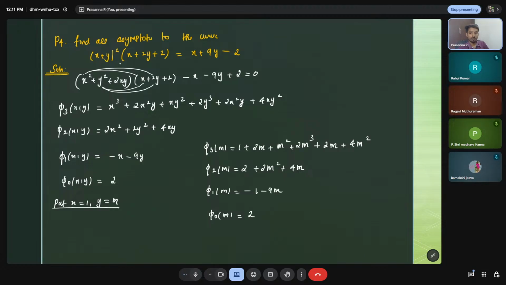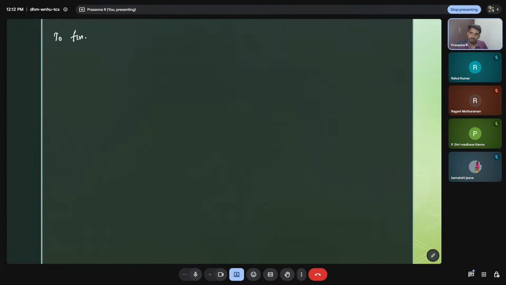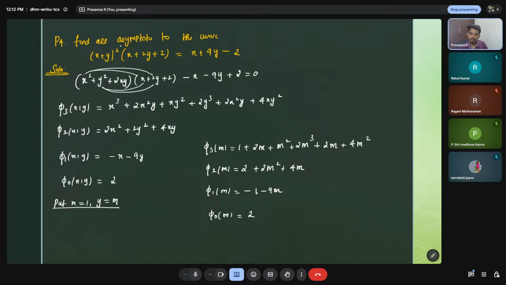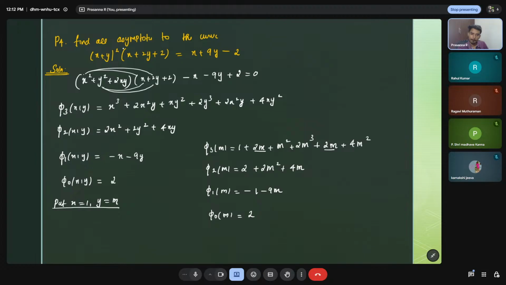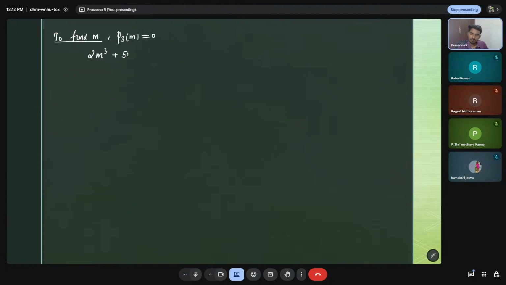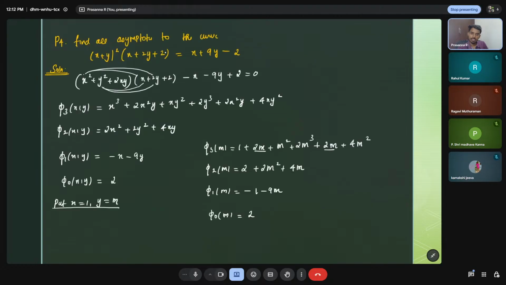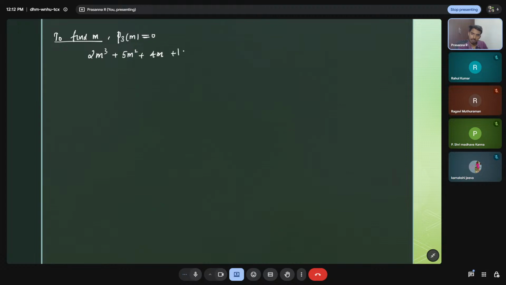Now we need to equate P3 of m to be equal to 0. So you collect like terms: 2m cube plus 5m square plus 4m plus 1 is equal to 0.